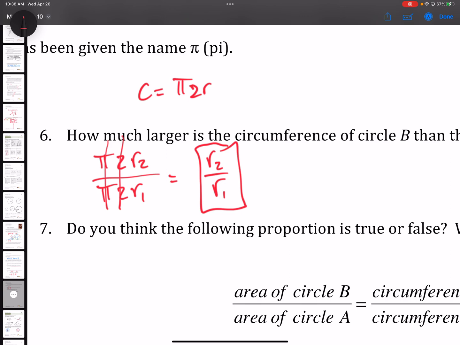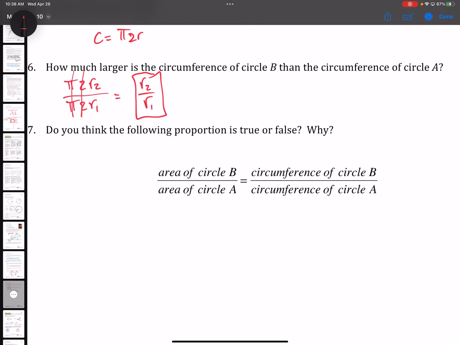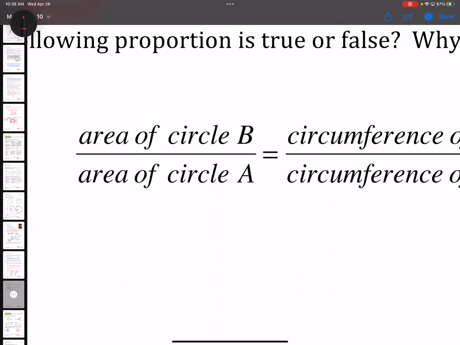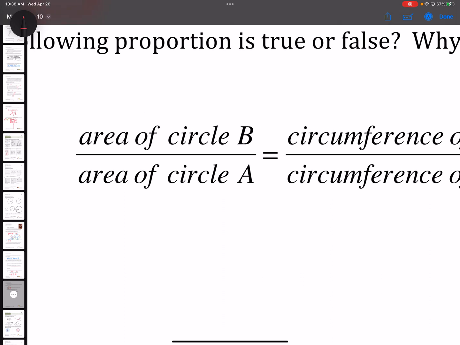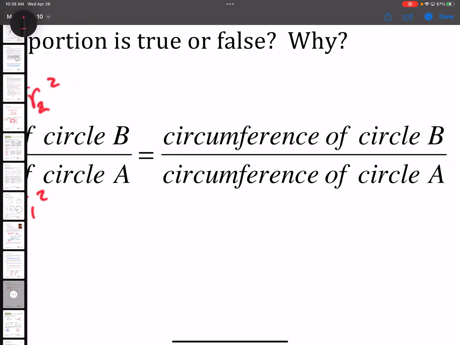Yeah. Awesome. Now, how about this one? Do we think this is true or false? The area divided by the area is equal to the circumference divided by the circumference. Let's prove it to ourselves. What is the area formula for a circle? Pi r squared. So we've got pi r2 squared divided by pi r1 squared. And the circumference, we've got pi 2r1 and pi 2r2.